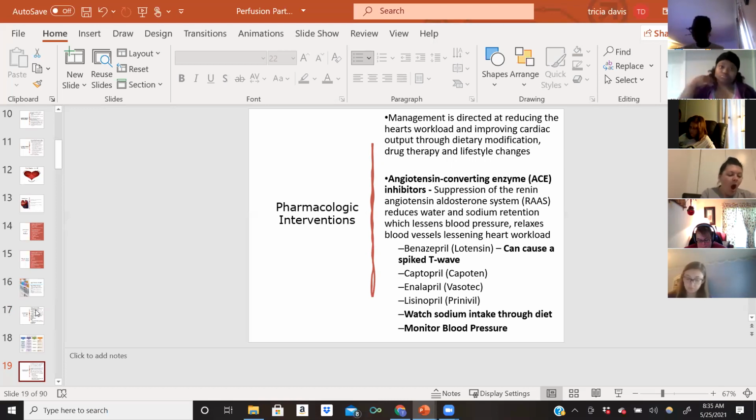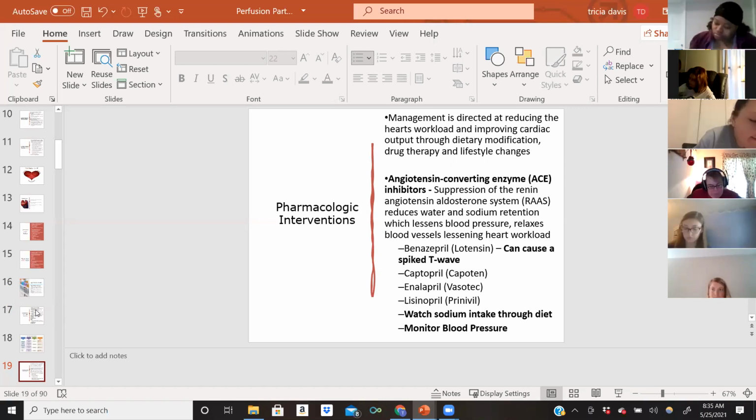We want to educate our patients about modifying their diet, really being compliant with those lifestyle changes. So cutting out sodium, eating foods that are high in protein, low fat, lots of fruits and vegetables, exercising every day, losing weight. We need to see lifestyle changes so that they can continue with the medication to manage their heart failure at home when they're in the community.